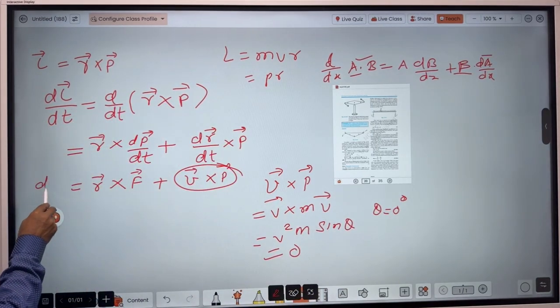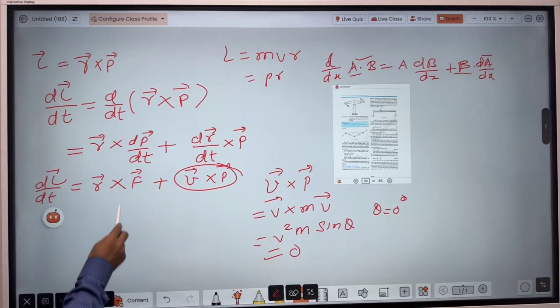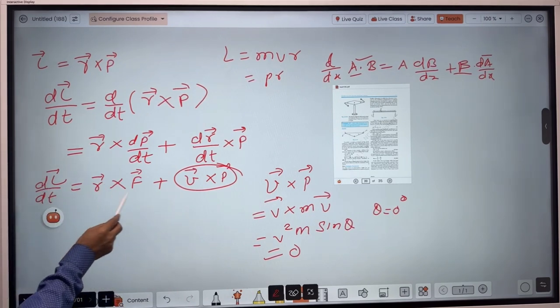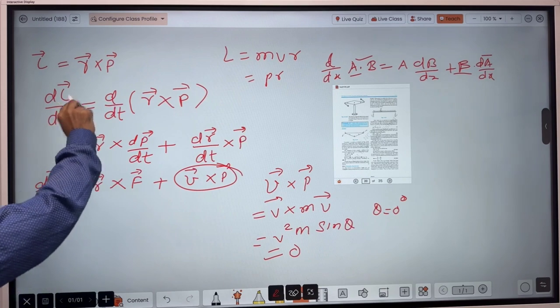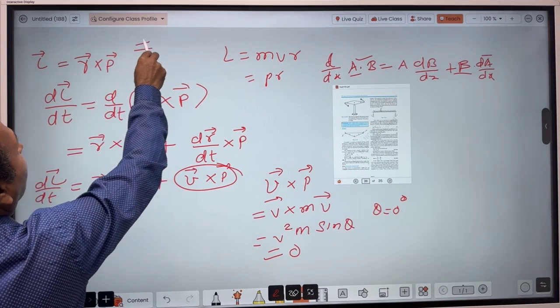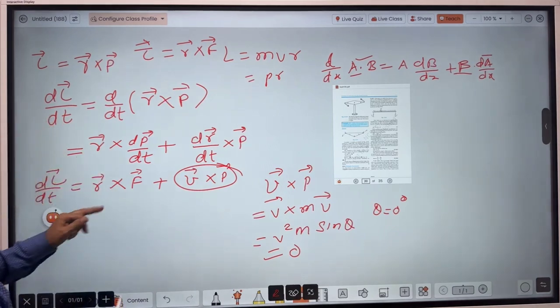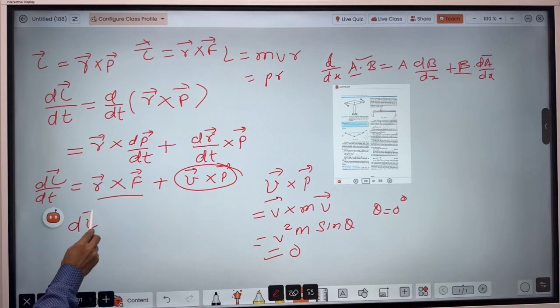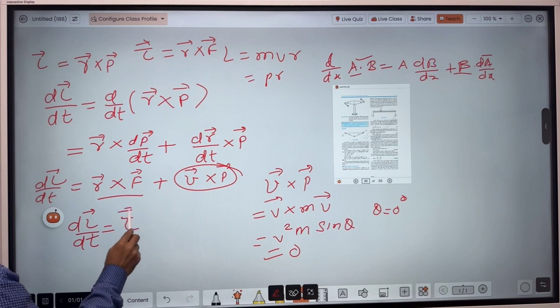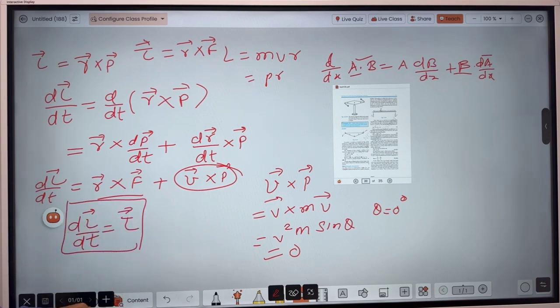First term dL upon dt you have got as R cross F. And if you remember, torque tau equals R cross F in vector form. So we can write here dL upon dt equal to torque.